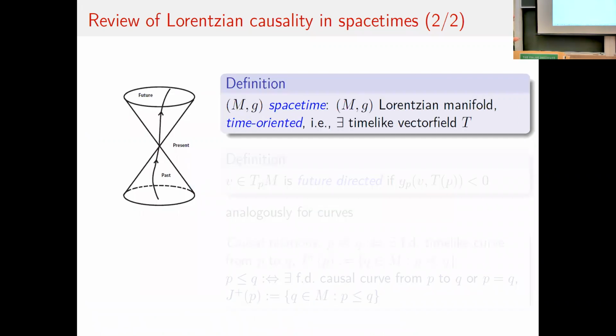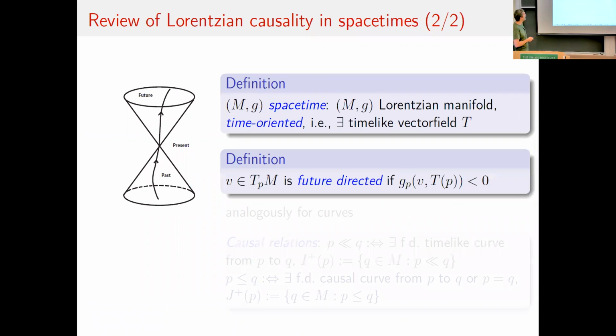Now a spacetime is a Lorentzian manifold which can be time-oriented, so you have a consistent way of choosing future and past. So there exists a time-like vector field T, and with respect to this vector field you can define that a tangent vector v is future-directed if the inner product of v and the vector field is negative. And analogously, you can define this for curves.